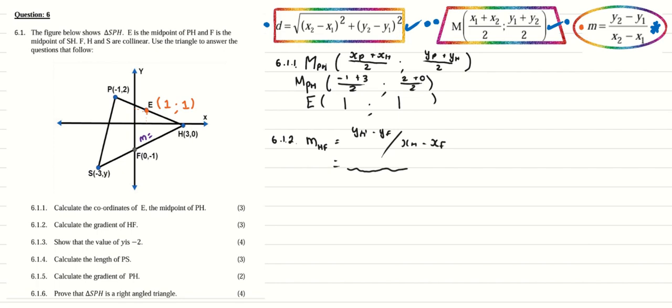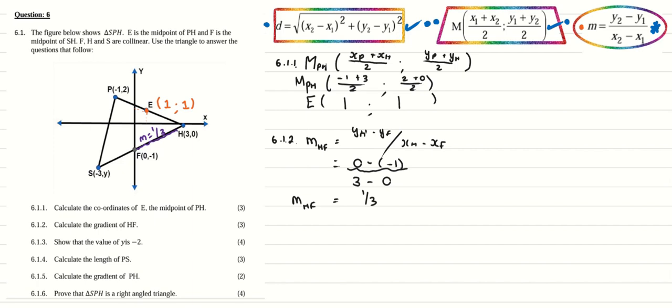So the y value of H is 0 minus the minus 1, and the x value of H is 3 minus the 0 of F. Right, the gradient therefore comes to a value of 1 over 3, and that is our answer. Now as I write it in, the gradient is 1 over 3. This makes sense because this is an increasing line, and so this should have a positive answer.